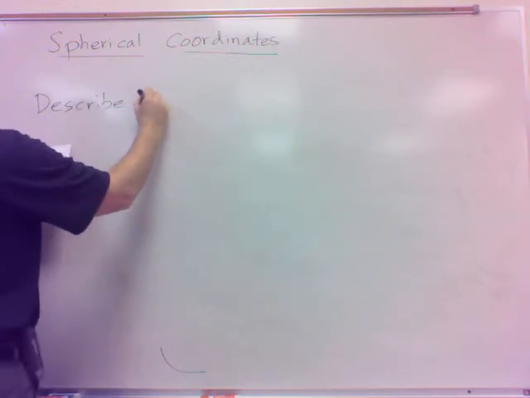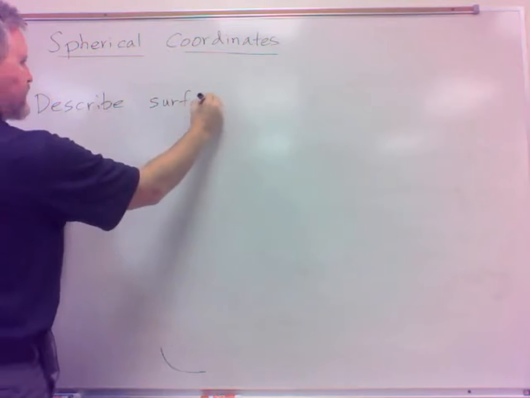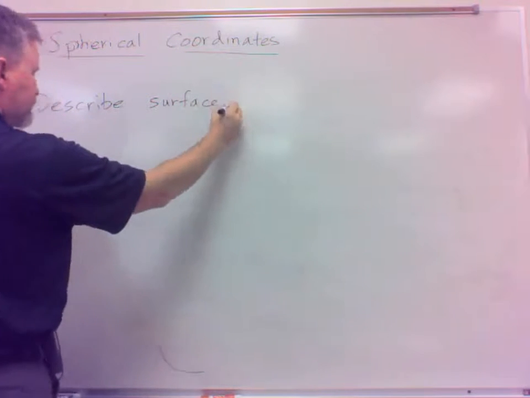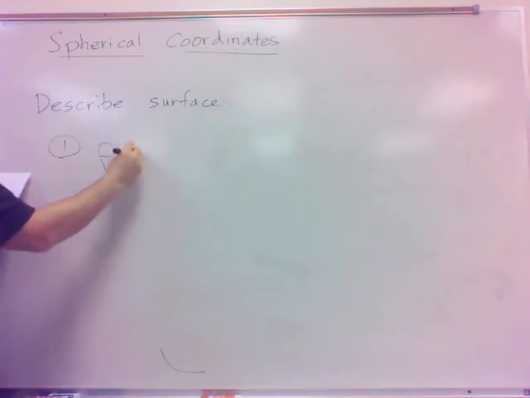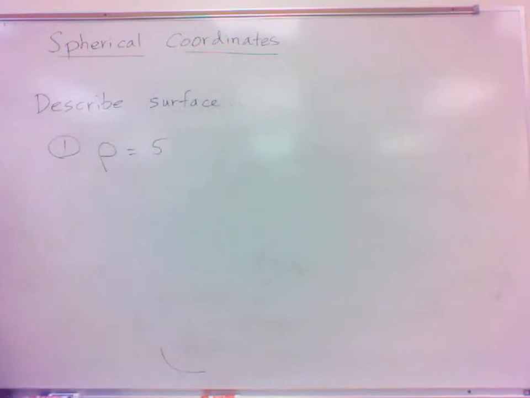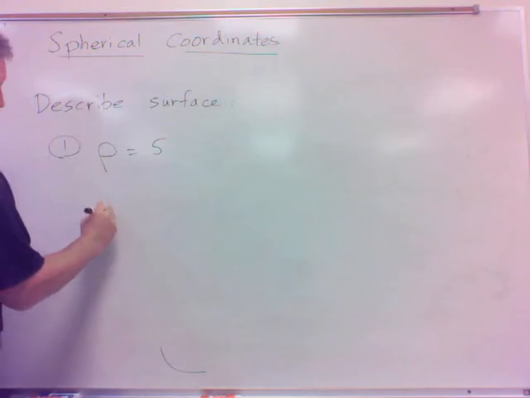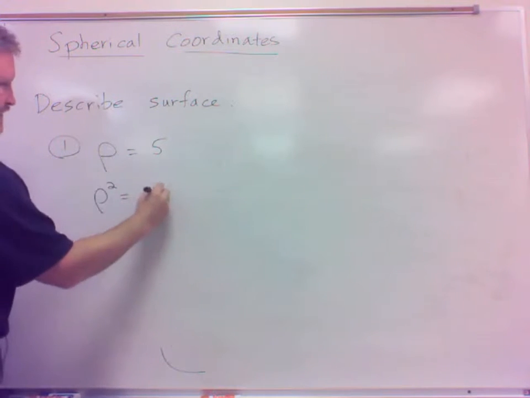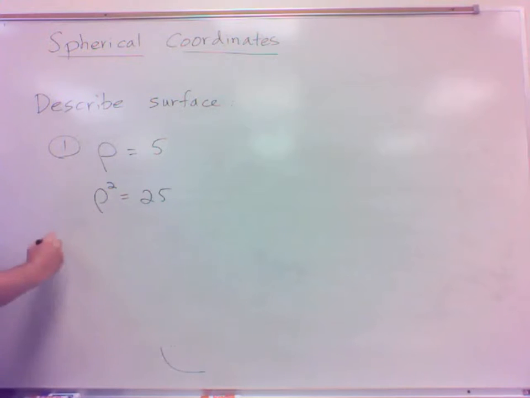Let's think about some surfaces that are given in spherical coordinates. If we have rho equals 5, this is one of the good things about having spherical coordinates. If we square both sides, we have rho squared equals 25, and rho squared equals x squared plus y squared plus z squared.